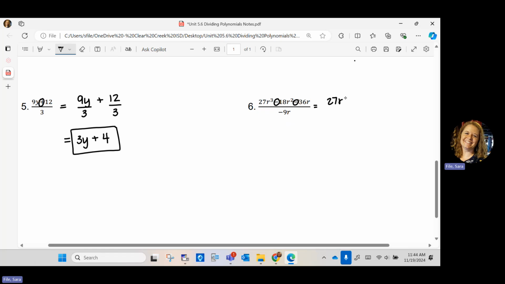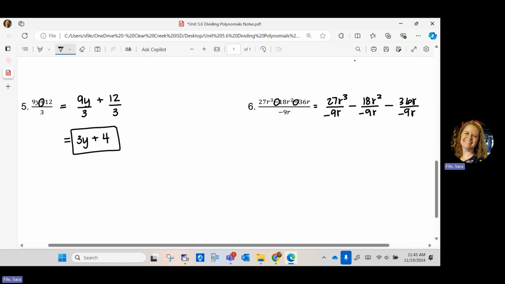I'm going to have 27r cubed divided by -9r, minus 18r squared divided by negative 9r, minus 36r divided by negative 9r. So each of the terms from the numerator is getting the division by the denominator. So I'm going to simplify each of those separately.